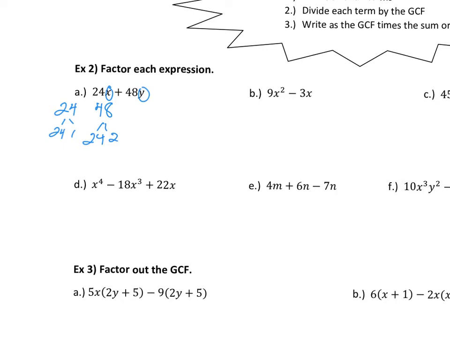When we're pulling out the GCF, let me erase so we have room. You're dividing out what they have in common. If we decided 24 was the GCF, that's what we divide out, and whatever you divide out goes in front. What's remaining? 24 divided by 24 is just 1, so we have that x. 48 divided by 24 is 2, and we still have the y.